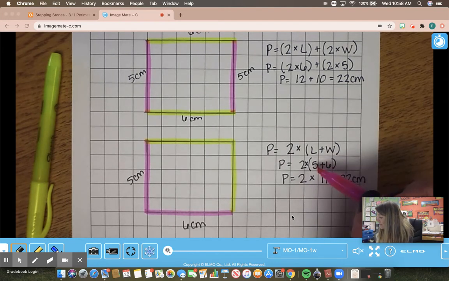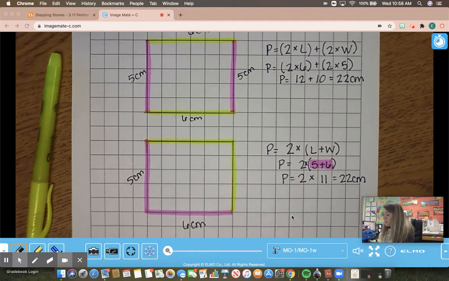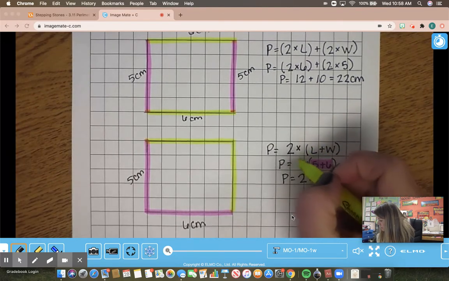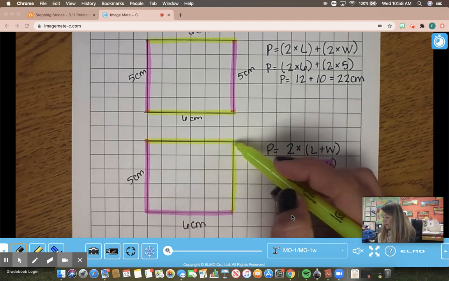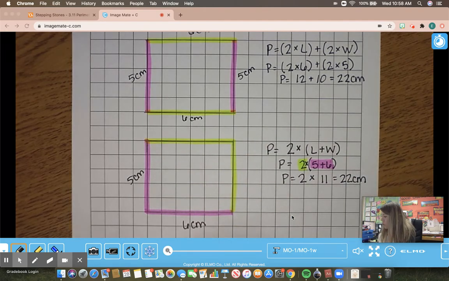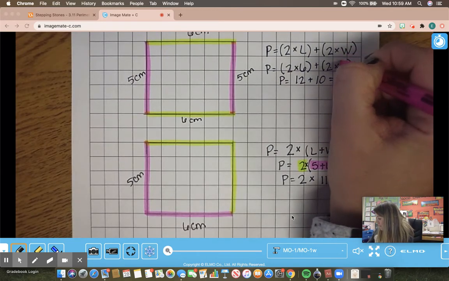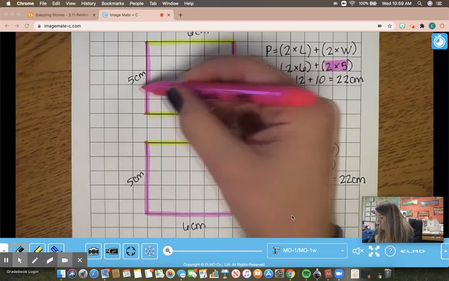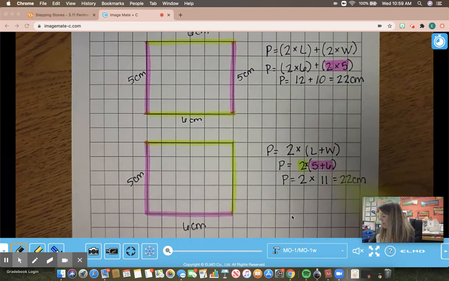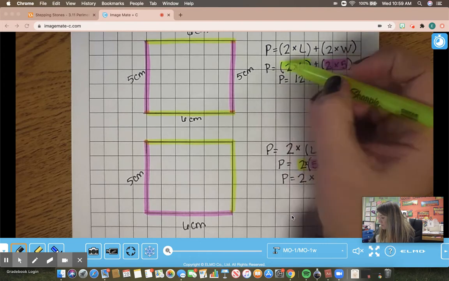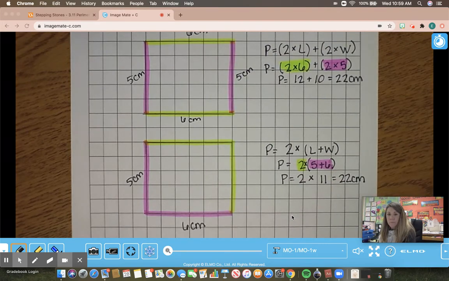We have the length and the width added together, and we're multiplying it by 2 because we have another length and width here. Whereas up here, we have the width multiplied by 2 because there's 2 pink, and we have the length multiplied by 2 because there's 2 yellow. It's up to you. You can choose how you'd rather do it.